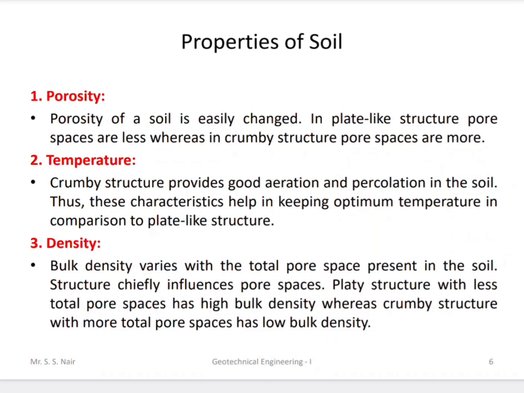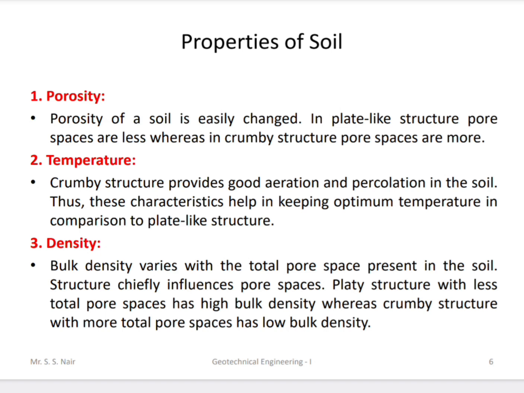Now the properties of soil. Porosity is one of them, and it is very easily changed. In platy structure, pore spaces are less, whereas in crumbly structure, pore spaces are more. Crumbly structure gives good aeration and percolation in the soil as compared to the platy structure.